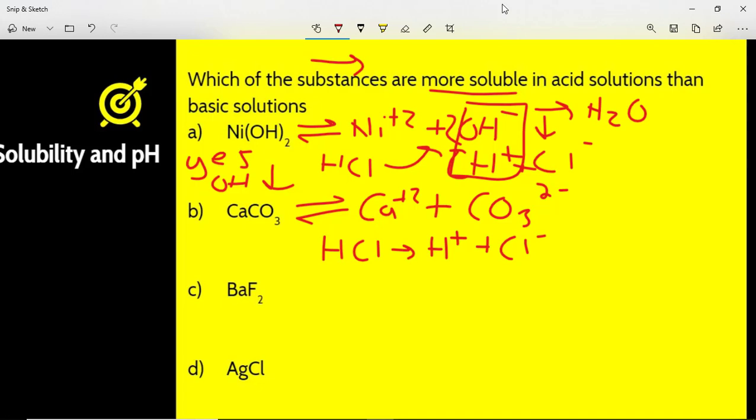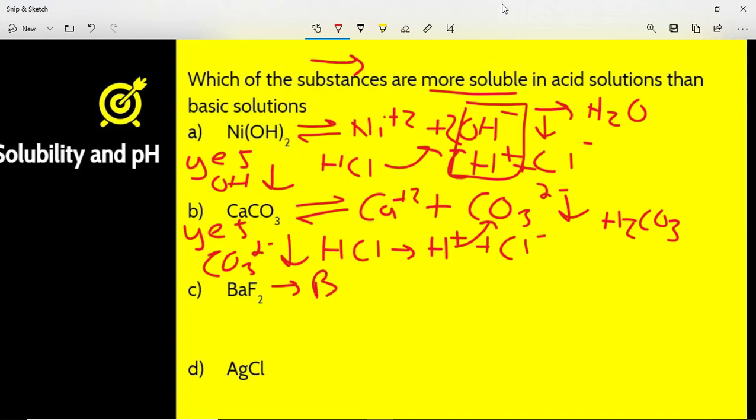And since it's from a weak acid, the same process is going to happen here. The H combines with the carbonate to create carbonic acid, H2CO3. As a result, the concentration of carbonate goes down. If the concentration of carbonate goes down, equilibrium shifts to the right. So same thing, yes, because CO3 is going to decrease.